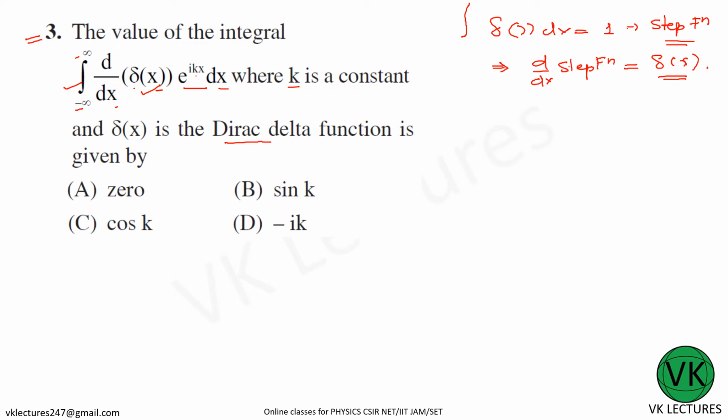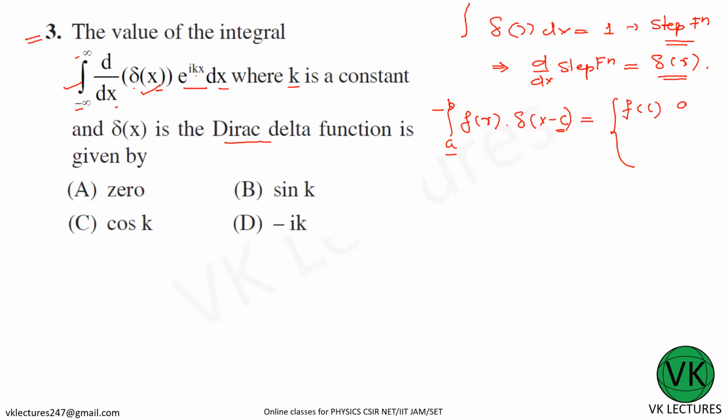Now a few more properties. The integral from a to b of f of x into delta of x minus c is equal to, now there are two values for this. If this c lies between a and b, then the value is f of c.